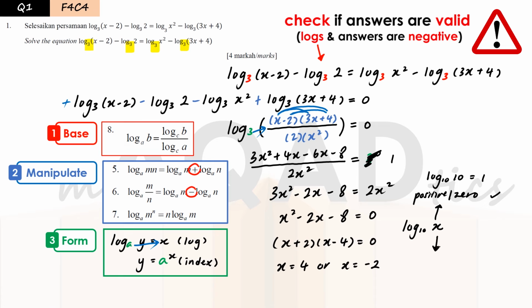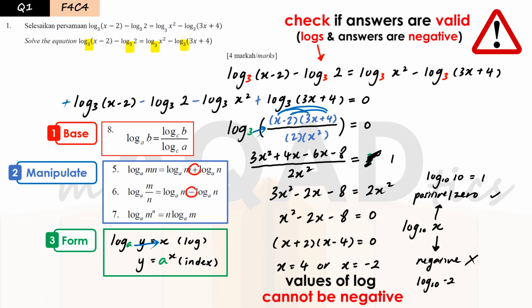Another case is when x is negative. In logarithms, when x is negative, if you put it into a calculator, let's say log base 10 of minus 2, you will get an error, which means no answer, because logarithms cannot take negative values.